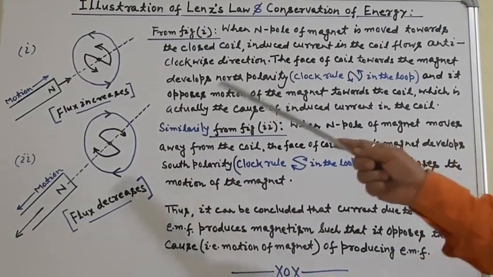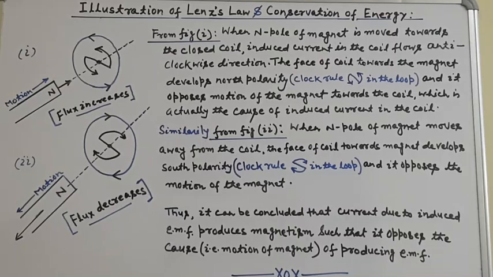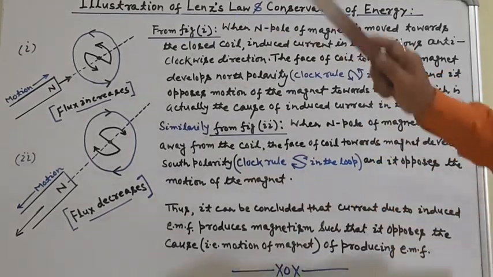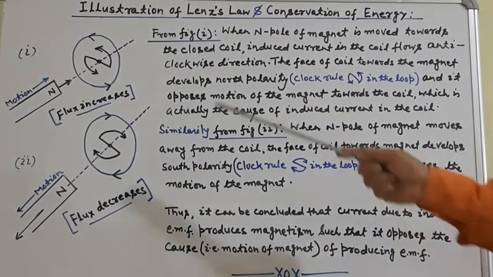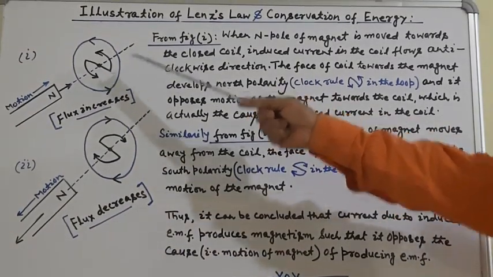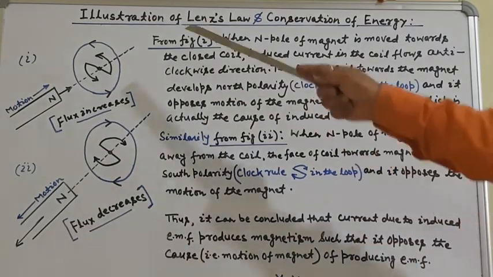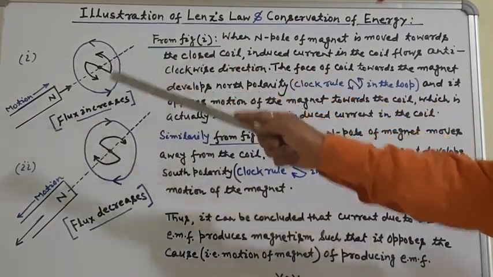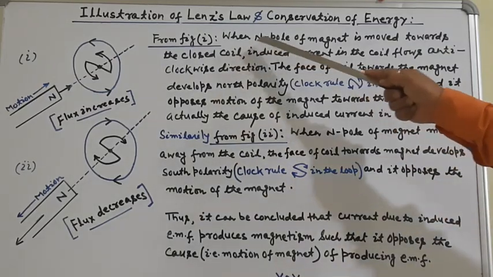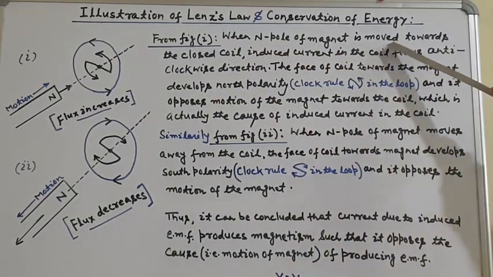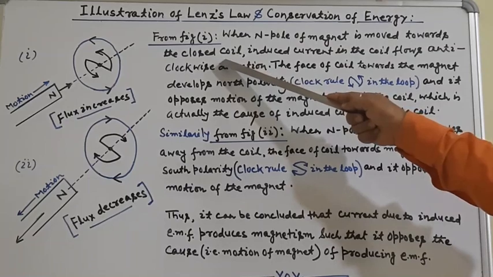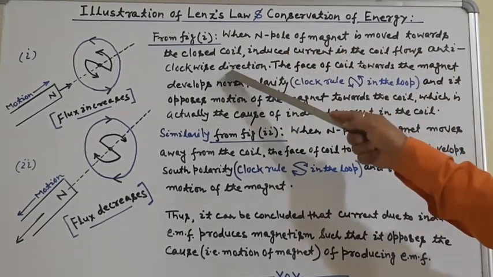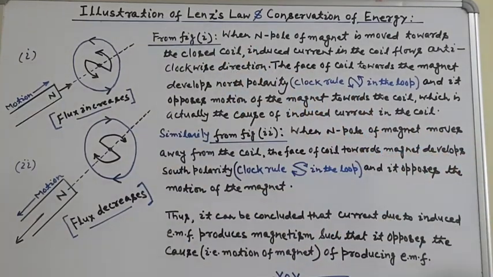Then what happens after that? It will illustrate Lenz's law. So we'll discuss both the figures one by one. From figure 1, what happens after the production of this induced current? When the north pole of the magnet is moved towards the closed coil, the induced current in the coil flows in the anti-clockwise direction, as marked.